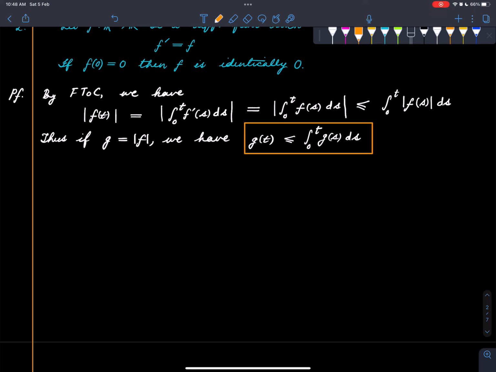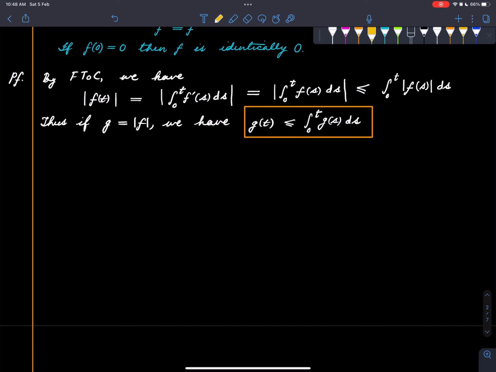So what we will show is that g vanishes in a right neighborhood of the origin.